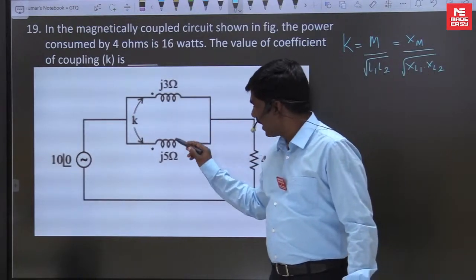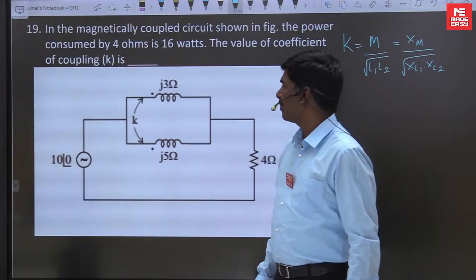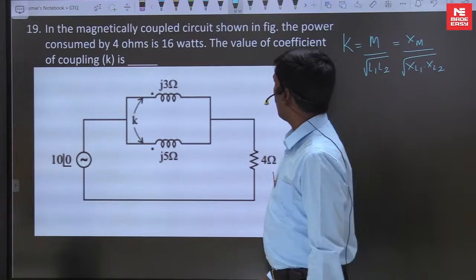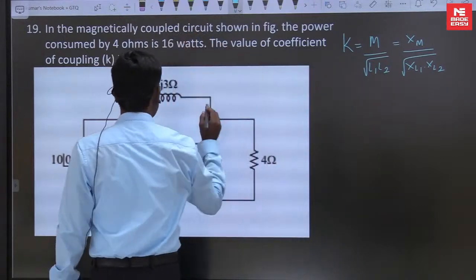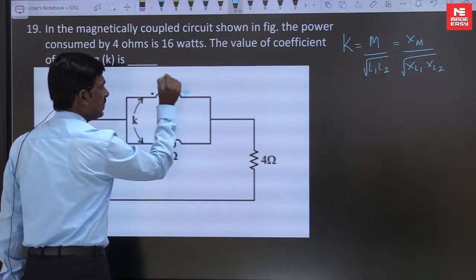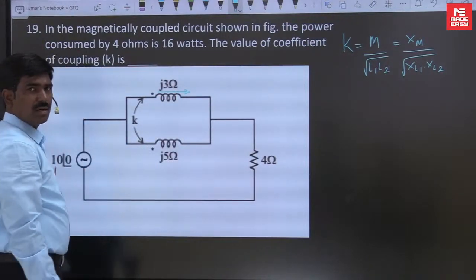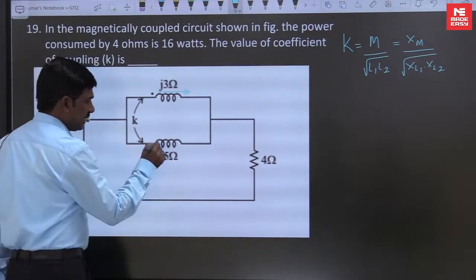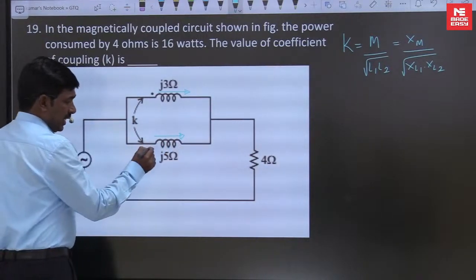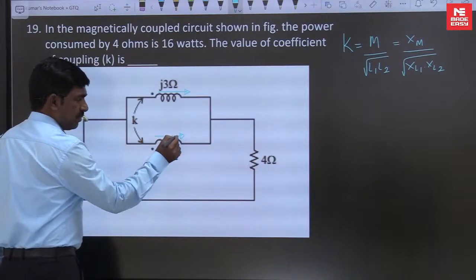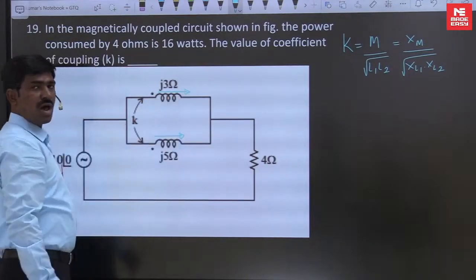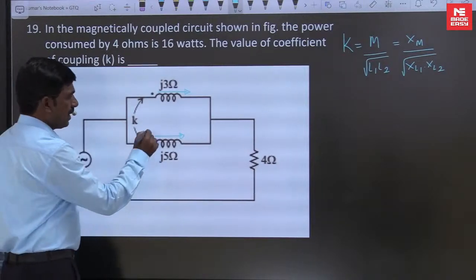These two are connected in parallel or not? They are in parallel. How to find whether M is negative or positive? Indicate the current direction across the coil. This current is leaving from the dot, and this also is leaving from the dot. Both leaving from the dot means M is positive.